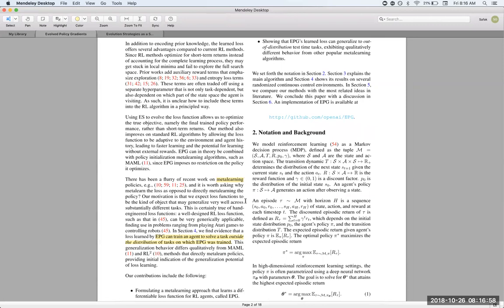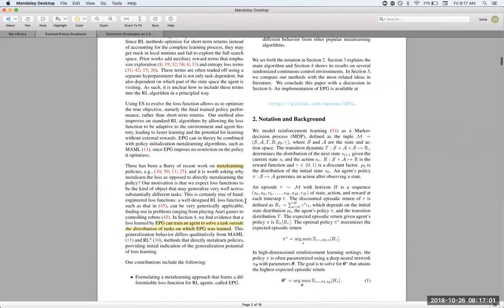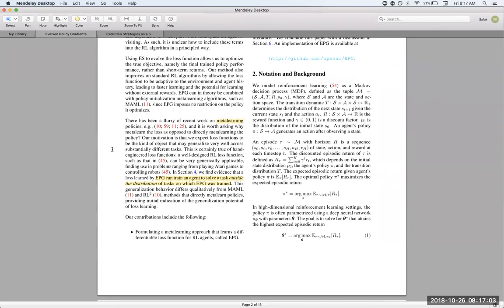It's still a work in progress, and neither does evolved policy gradients outperform a regular policy gradient method in regular tasks. It is only superior to a regular policy gradient method in carrying prior knowledge to a new task. So we're going to come back to this towards the end of the paper.